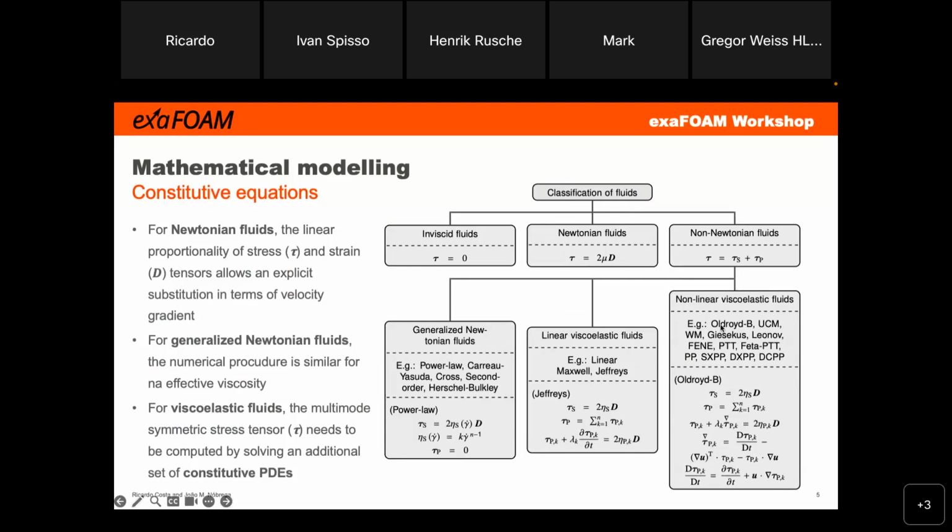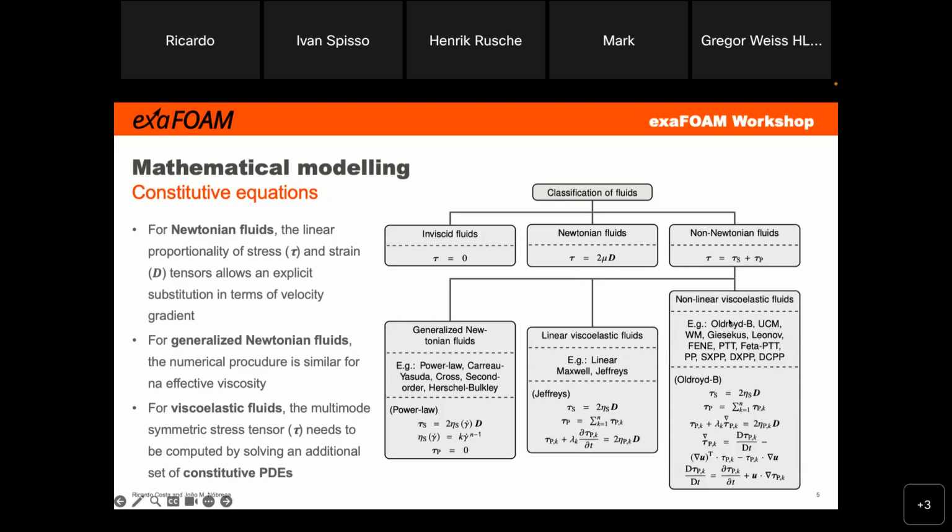Then we can assume the fluid is Newtonian, which means that the stress is linearly proportional to strain. And since we have this very simple relation, we can, as I was saying before, directly substitute it in the Cauchy equation, and we get the Navier-Stokes equation because we don't need to compute the stress. But some fluids also exhibit this non-Newtonian behavior.